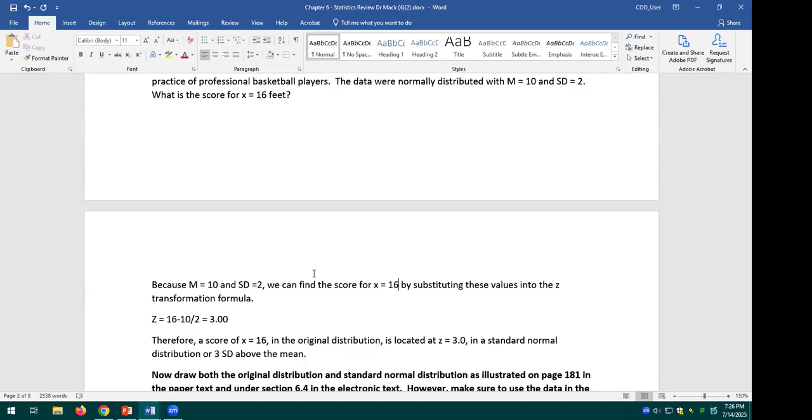This is because z is equal to 3 when x is equal to 16. Is that making sense?